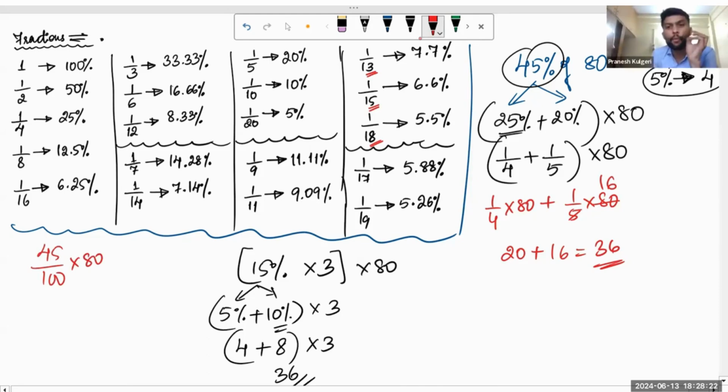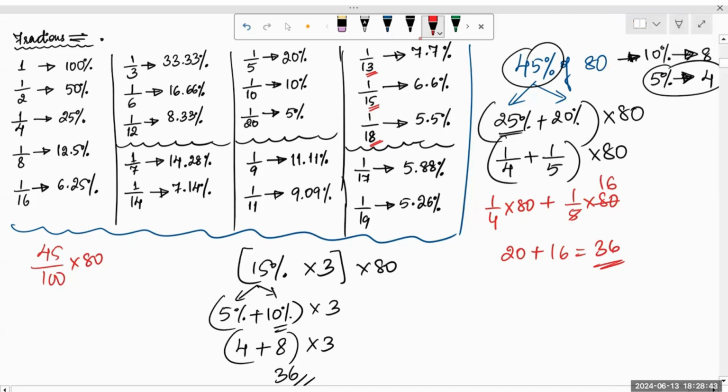No, I want what is 45% of 80. My question is not 45 is what percent of 80. The way you are telling, that is 45 is what percentage of 80? Then you will do 45 by 80 into 100. I don't know what you talked about X. I did not understand.